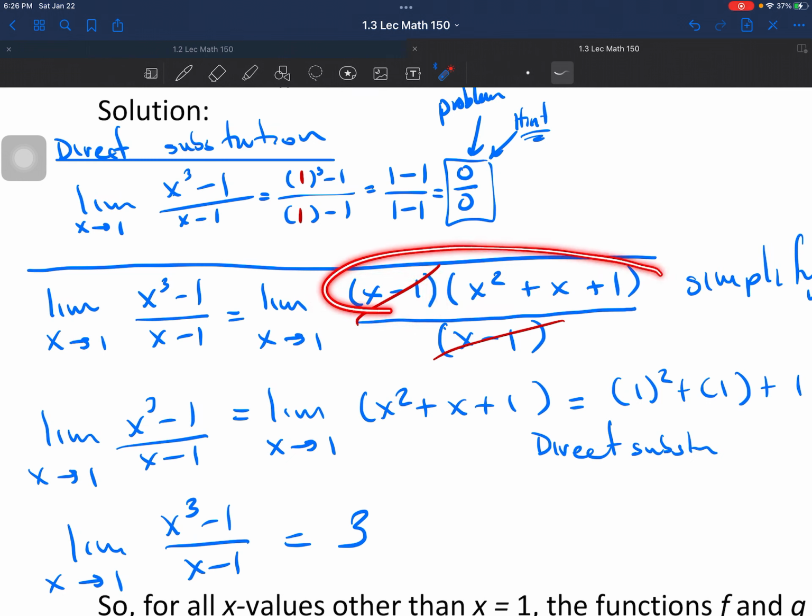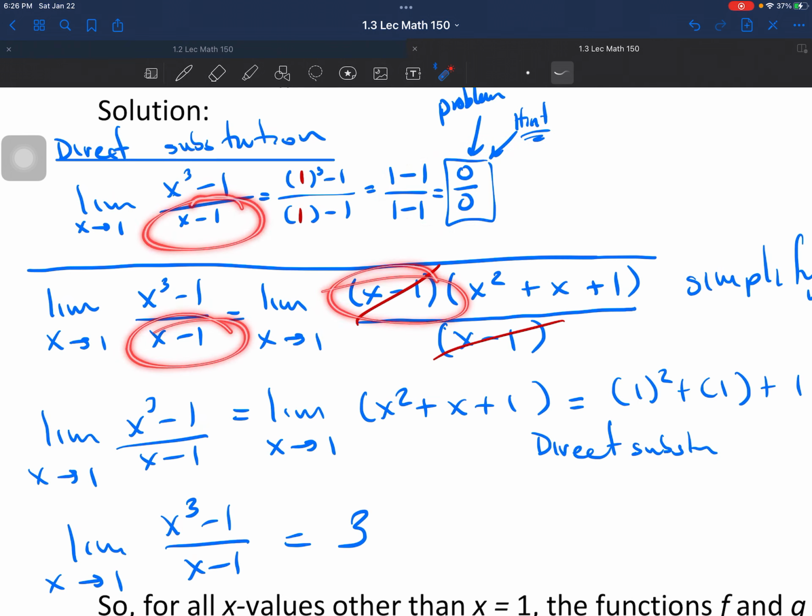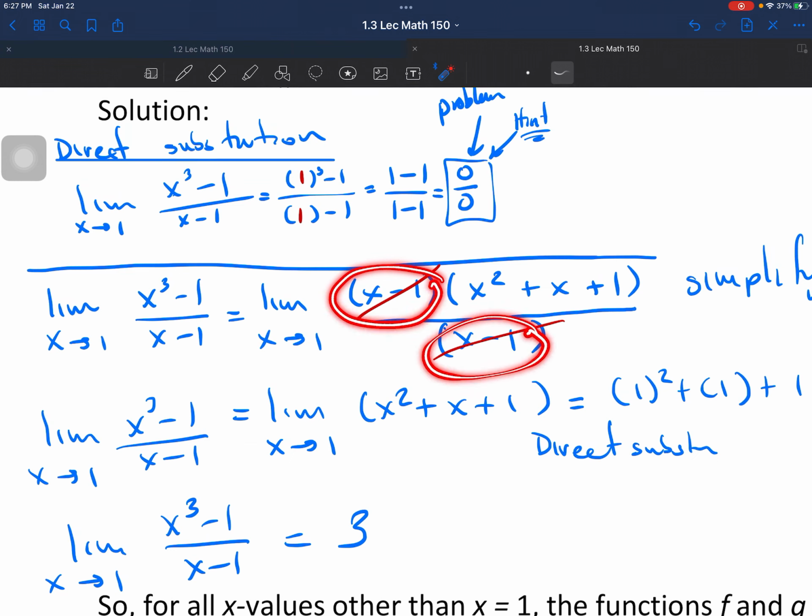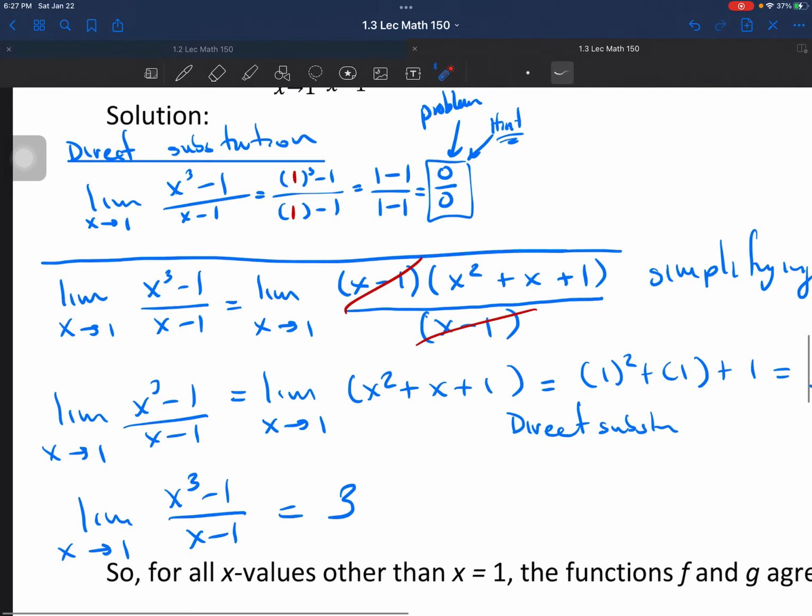Sometimes students have so much trouble figuring out this factorization, but for those who have done this more often, we know that x minus 1 has to be a factor on the numerator. So what I often do is factor out the x minus 1 because I know it has to be there, and then I try to figure out the other factor. So you guys see, I know half of my work. I hope that kind of makes sense.